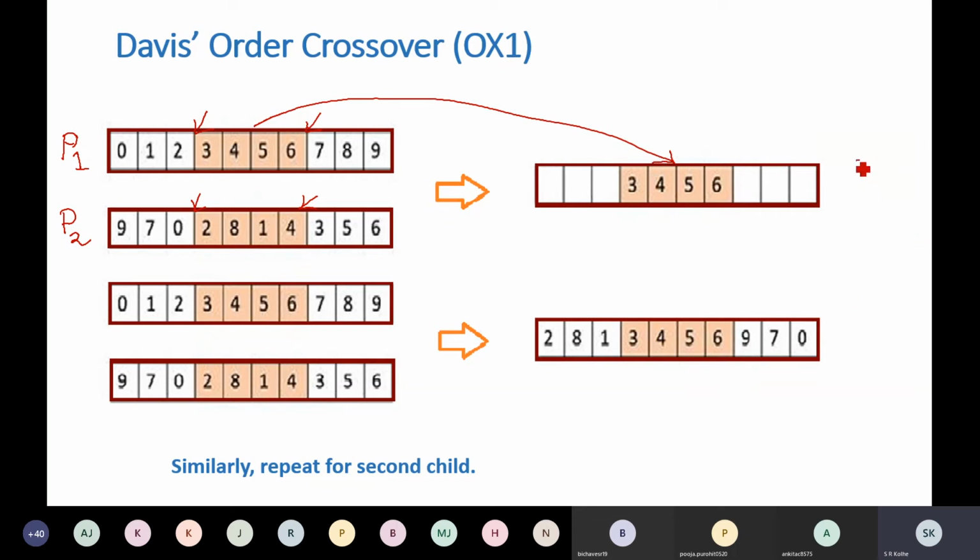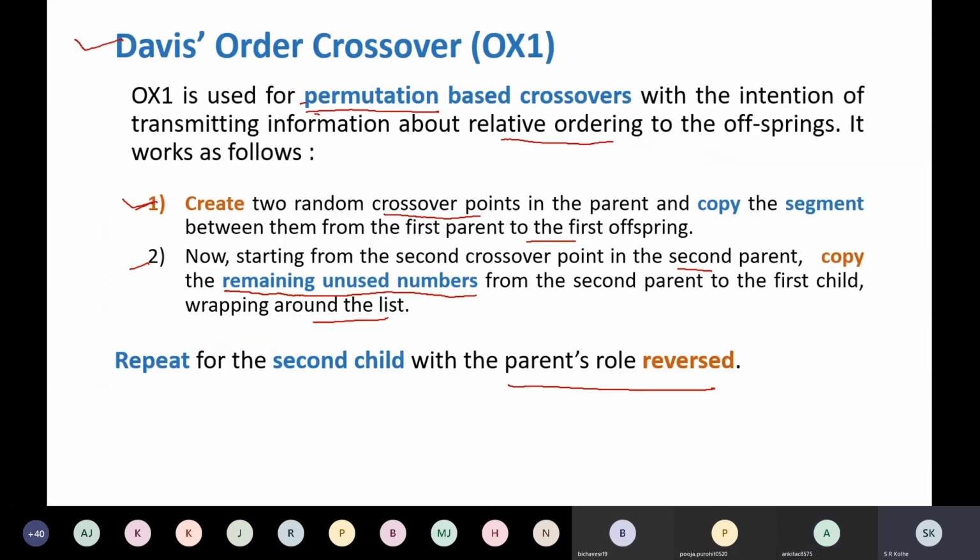This is offspring 1. Understood this part? Yes, sir. First step which we have seen here, that we have performed out here.